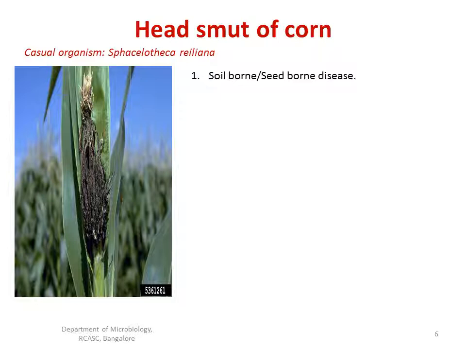Whereas in corn smut it was a localized infection; wherever the infection happened, you can see the symptom only in that part of the plant. Here the infection can happen to the entire plant. That is, the infecting pathogen or propagule can be found in the soil or in the seed.